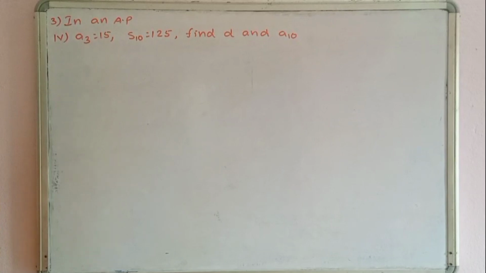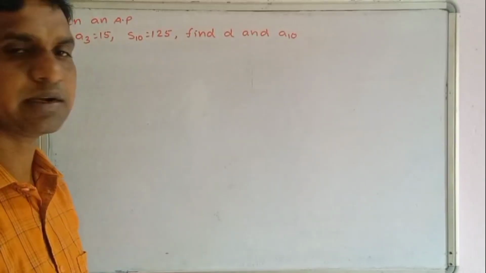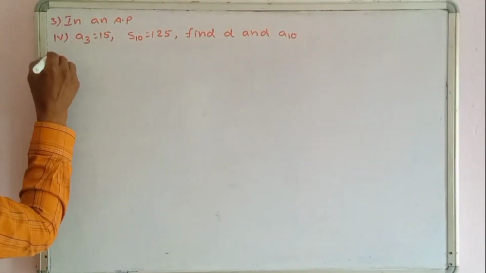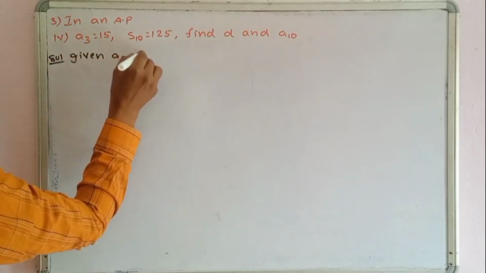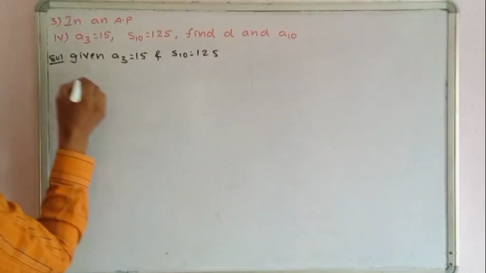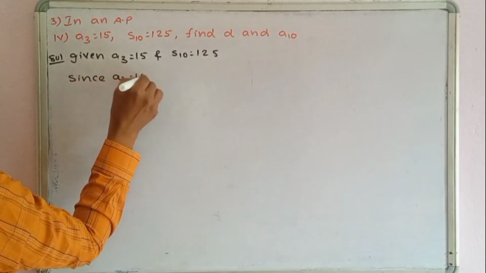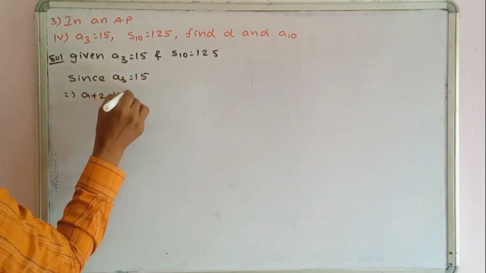Fourth one. Given A3 equals 15, S10 equals 125. Find A and D. Since A3 equals 15, A3 value is A plus 2D equals 15.